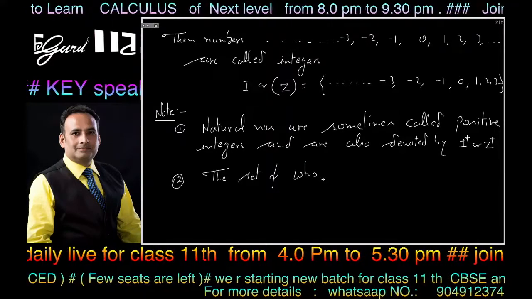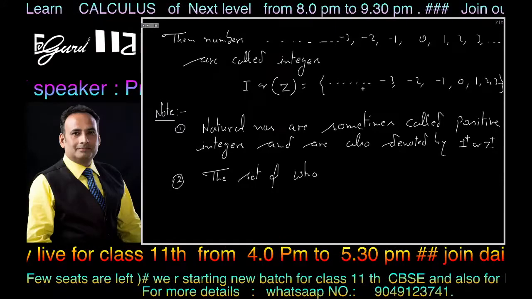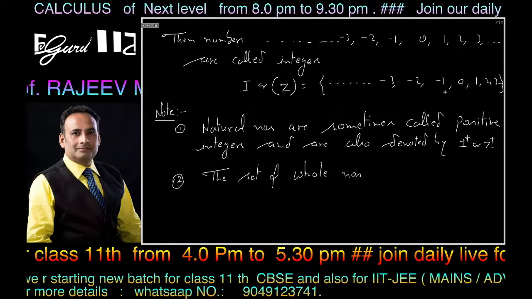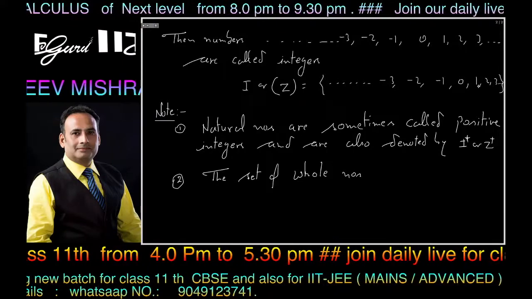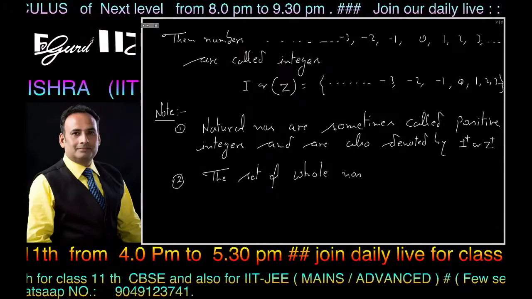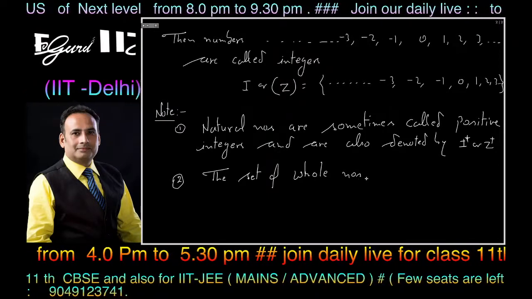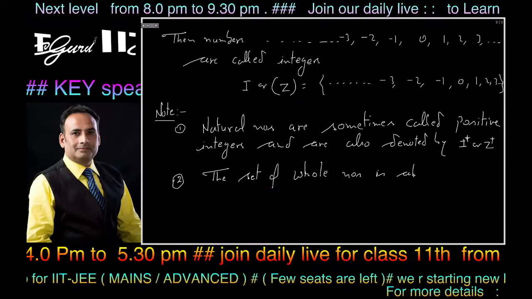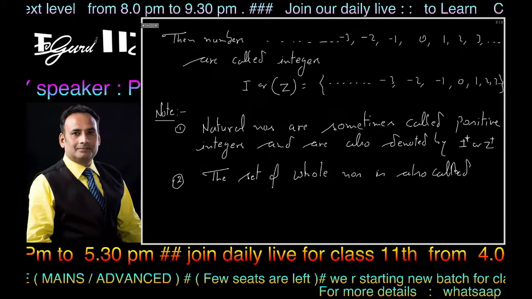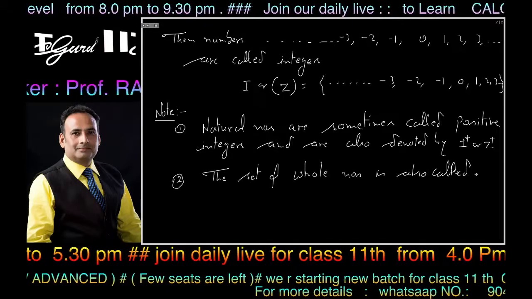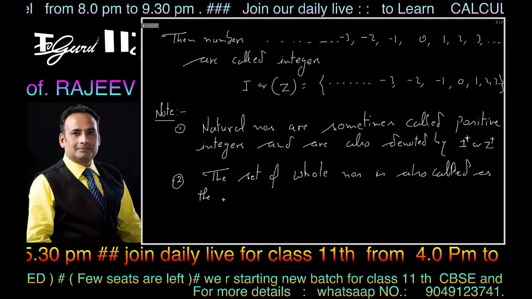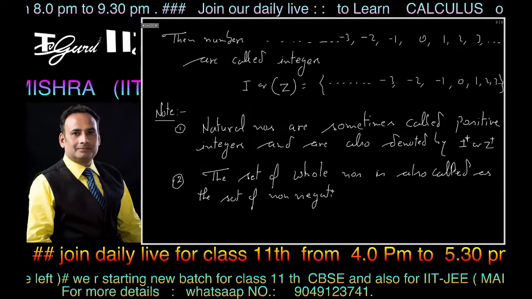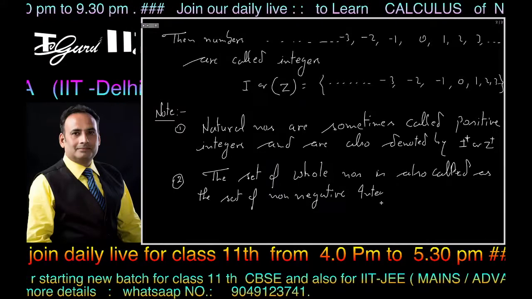If you have to represent the set of whole numbers in terms of integers, 0 and all positive integers combined are also called, as we will use further while studying mathematics, the set of non-negative integers.